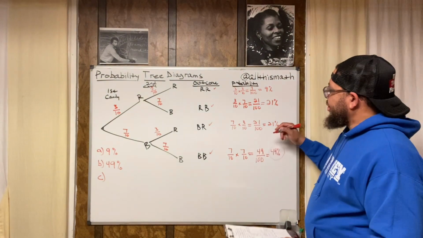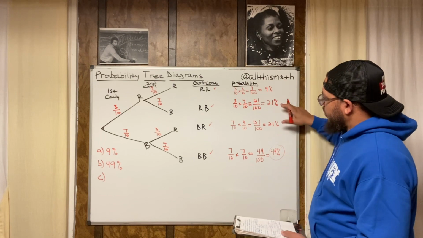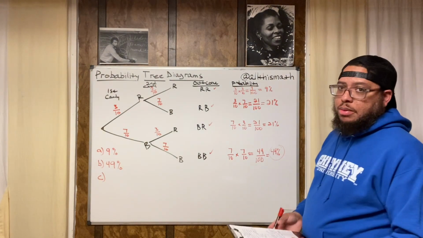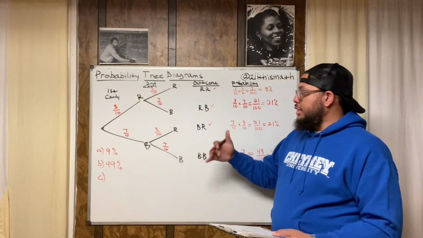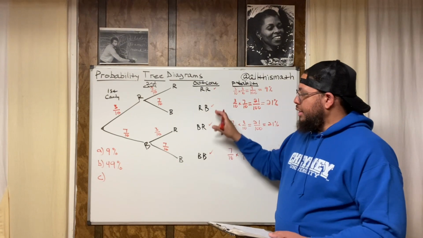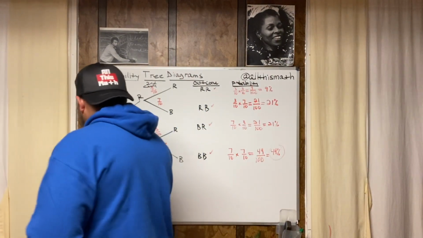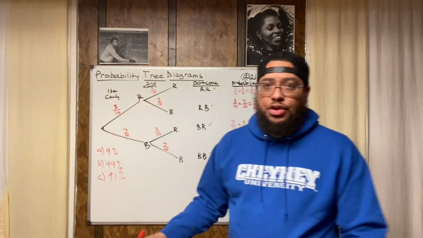So all you would need to do is add 21 plus 21 plus 49. 21 plus 21 plus 49 is going to be 91%. So there's a 91% chance that Jakisha is going to pull at least one blue candy, because that's in these three scenarios. So 91%.